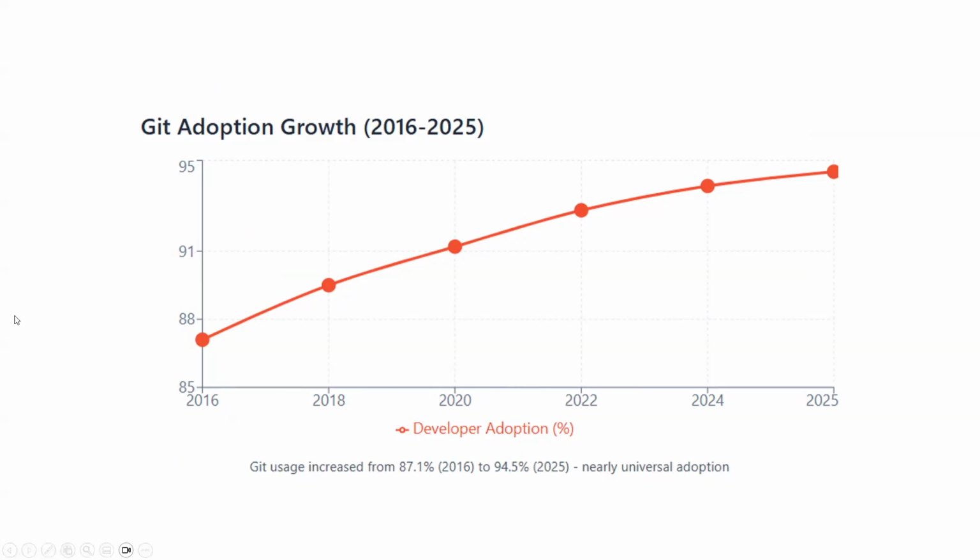This is the percentage of developers that are using Git, and you can see it's flattening out simply because there just aren't that many more people to get. We're already at almost 95% of developers using Git as their version control tool. And this is coming from a bunch of different studies that all come up with the same result.